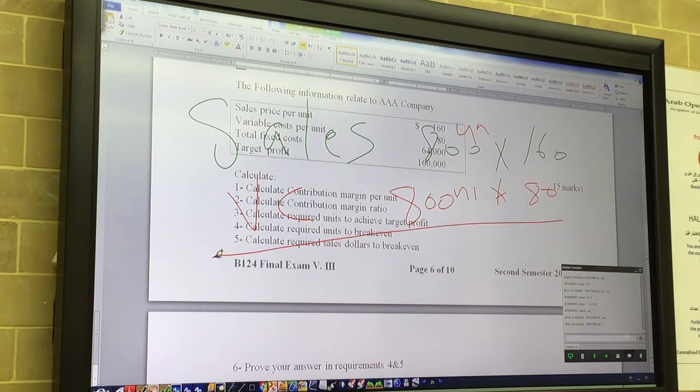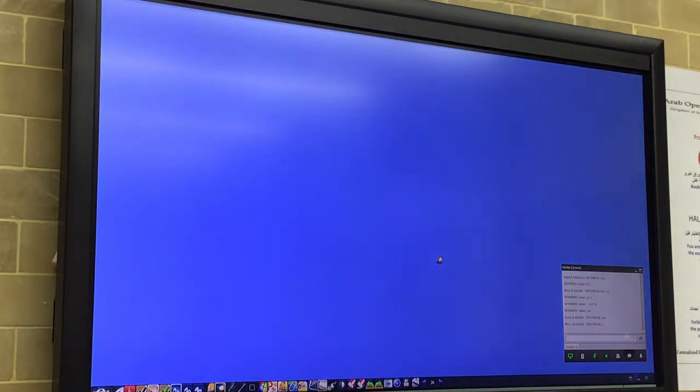So sales: 800 units, the break even point by units, multiplied by 160, which gives 128,000.